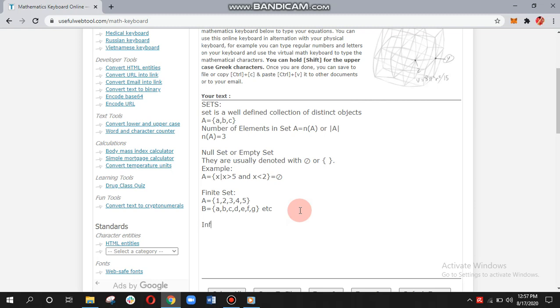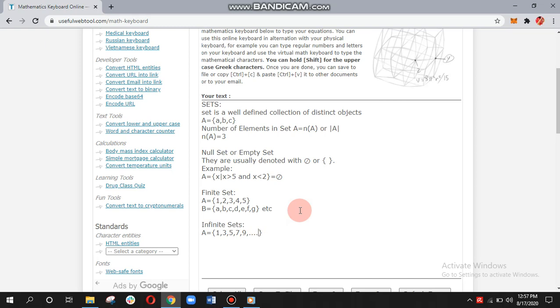Proceeding to the infinite sets. We have those sets which are not finite, those which do not contain a specific and finite number of elements. Let's suppose we have 1, 3, 5, 7, 9 and this goes on.